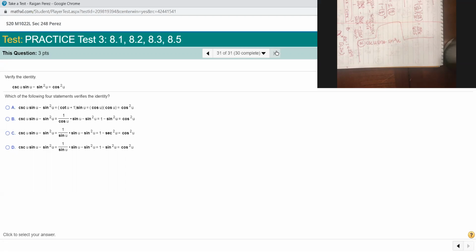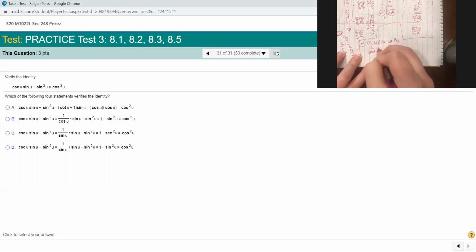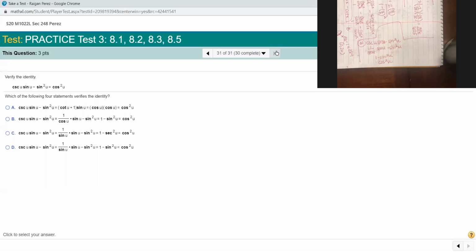Well, I would rewrite everything in terms of sine and cosine first. So cosecant is the same thing as 1 over sine of u, times sine of u, minus sine squared u. So then these cancel out and become 1 minus sine squared u. And then by the Pythagorean theorem, that's cosine squared u. So we just have to pick the one that matches that.